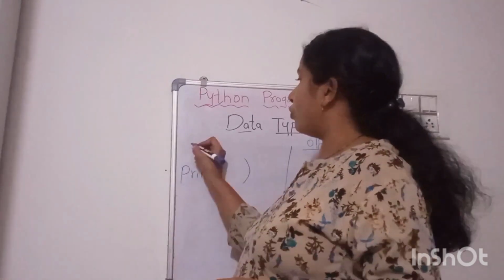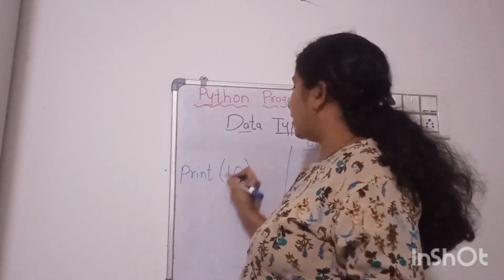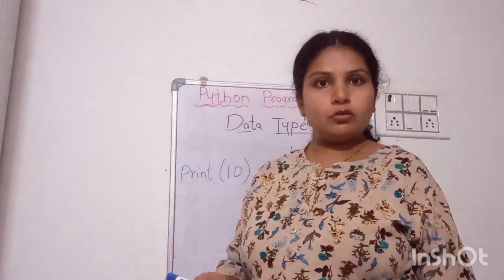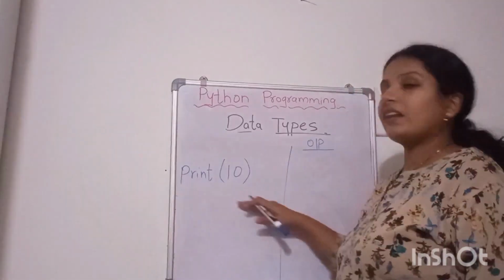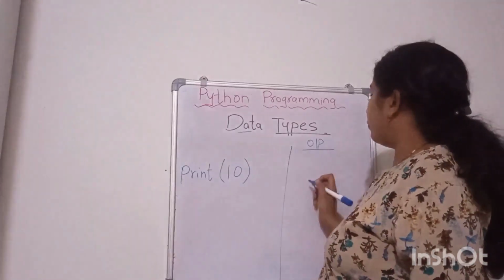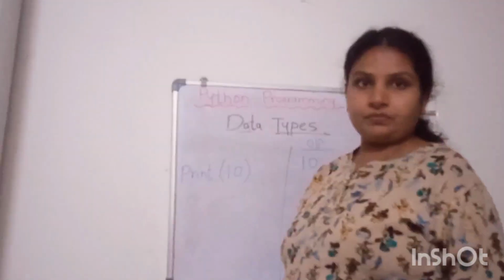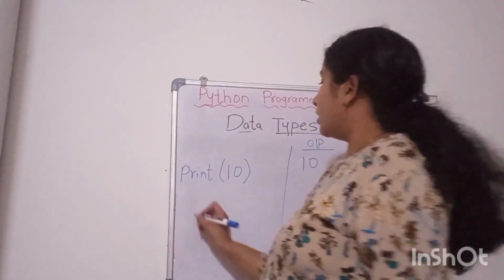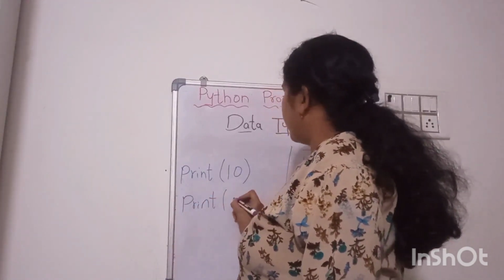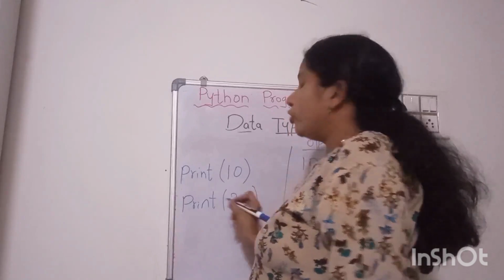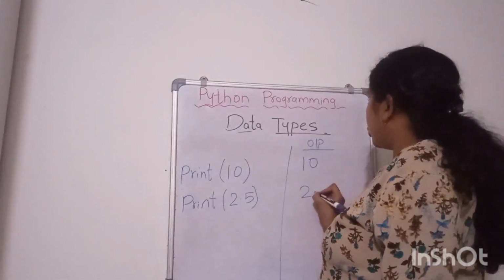Now suppose I want to print a number, so I will write the number 10 without quotes. So print in brackets 10. As soon as I write this line, in the output window the first line will be printed as 10. Then suppose I want to print the floating point number 2.5. Again, I don't need to write this in single or double quotes, and my output will be 2.5.